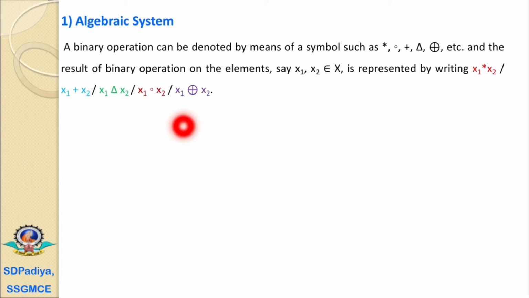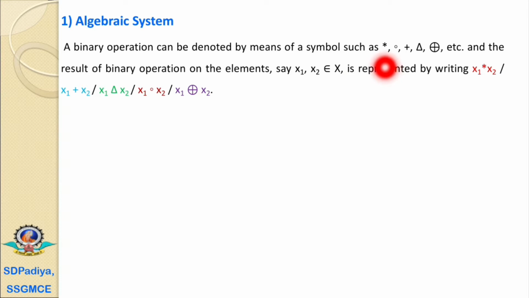A binary operation can be denoted by means of a symbol, such as generally in mathematics we denote operations by plus, minus, multiplication and slash for division.